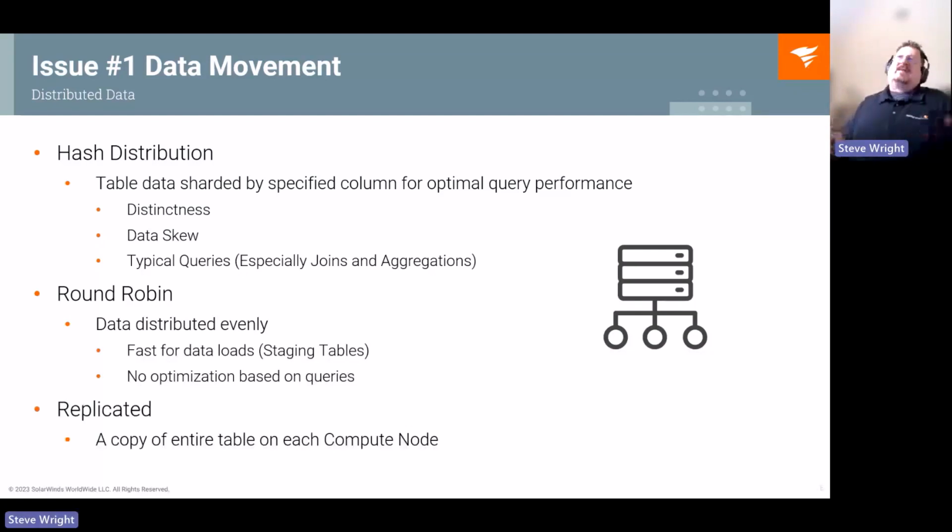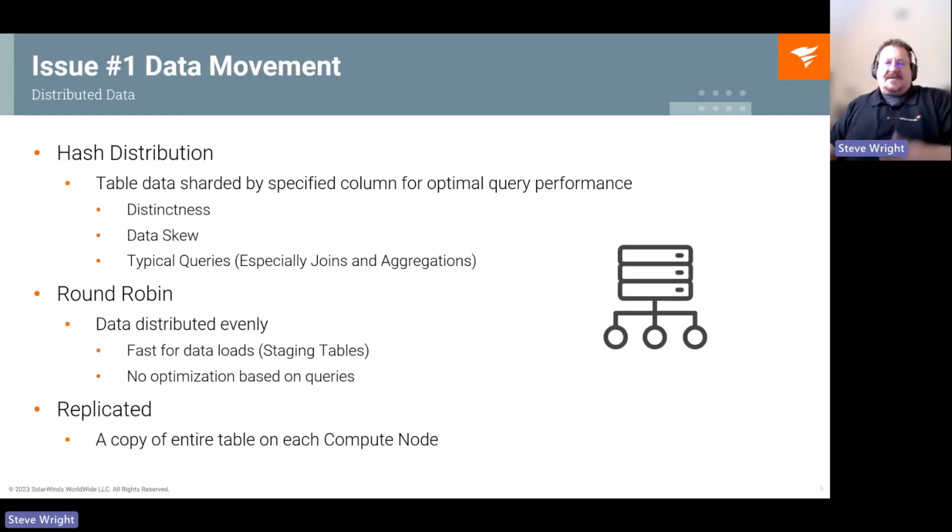Data movement, by the way, basically is the most common issue that results in queries running longer than they need to. So you put in your request, you have to join a couple of tables in your data, but because the join isn't optimized based on how you distributed that data, you're spending a lot of time having data being shuffled around between compute nodes so that proper joins or aggregations can occur before the final results can be produced and returned back up through the control node to the end user.